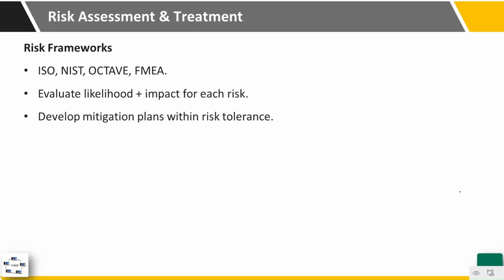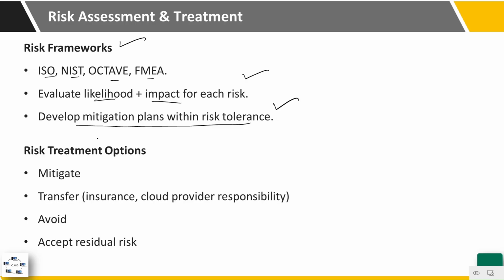Risk assessment and treatment. We may use a risk framework from ISO, NIST, OCTAVE, or FMEA. During assessment, we need to evaluate the likelihood as well as the impact for each risk, and we need to develop mitigation plans within the risk tolerance of the organization. Risk treatment options include mitigation, which is the most common treatment.